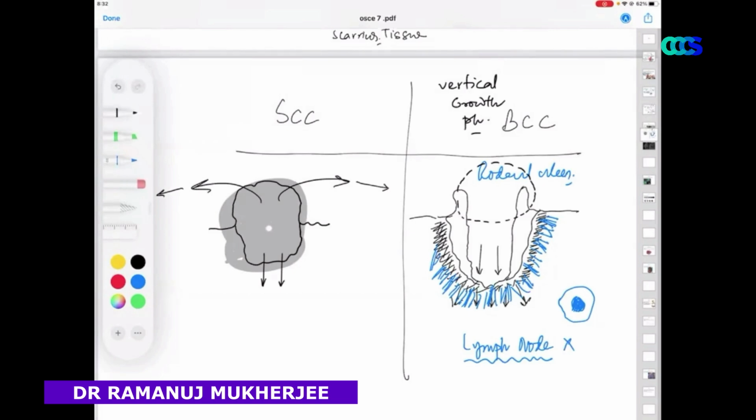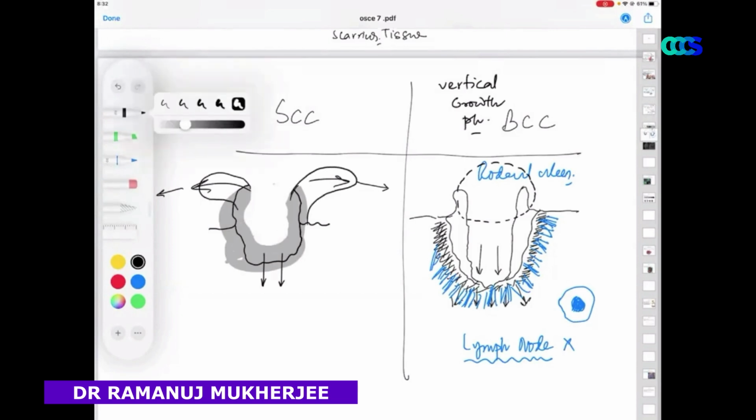Hence, the central part will undergo necrosis because it cannot get the food, and the edge becomes somewhat like this because it is trying to grow. So this tumor, as you can see in the picture, is trying to grow out.